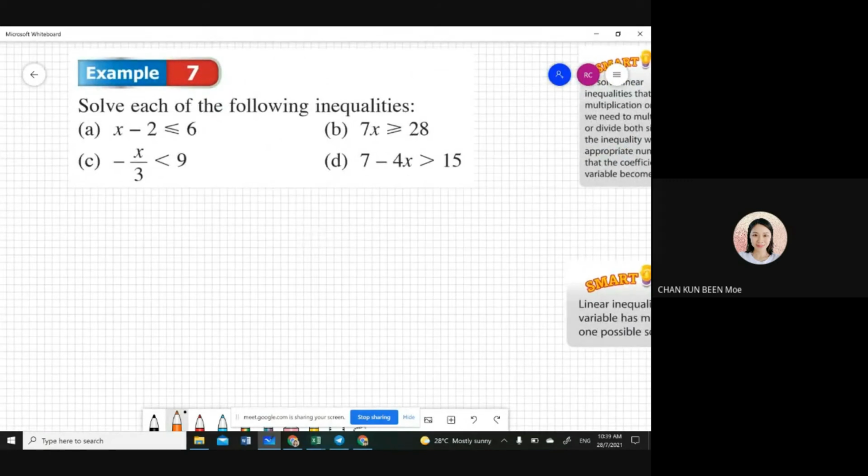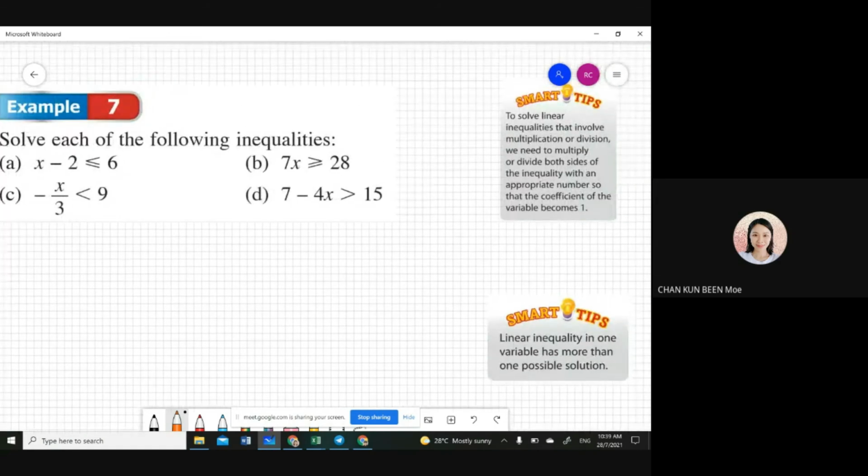Before I start with the first question here, I just let you know, we only change the direction when we multiply or divide with a negative number. You bear in mind, we only change direction when we multiply or divide with a negative number.